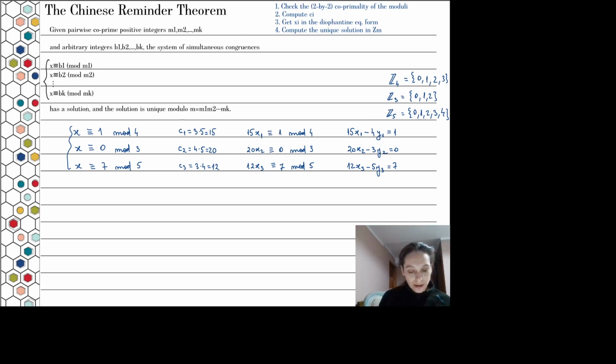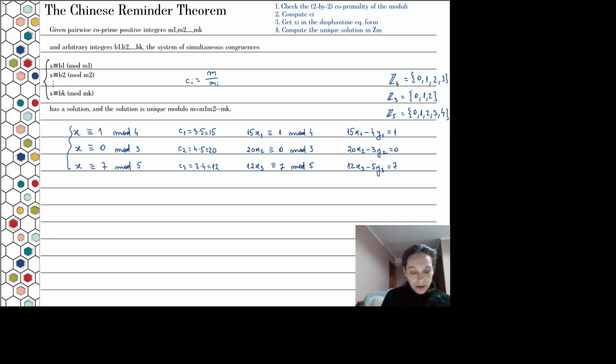Who is Ci? Ci represents the product of the other moduli. In other words, we can say that Ci is the product m of all the moduli, divided by the modulus mi. Okay?